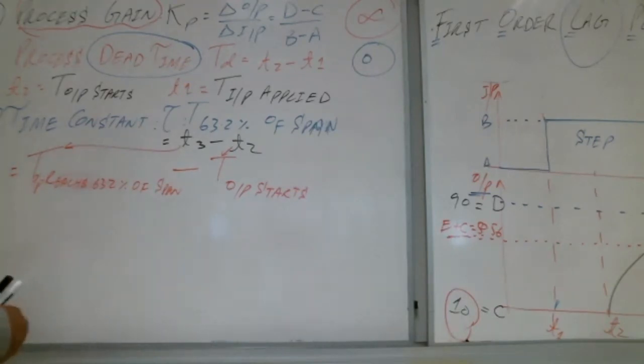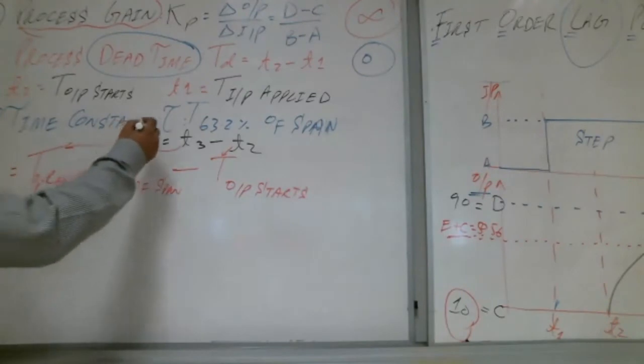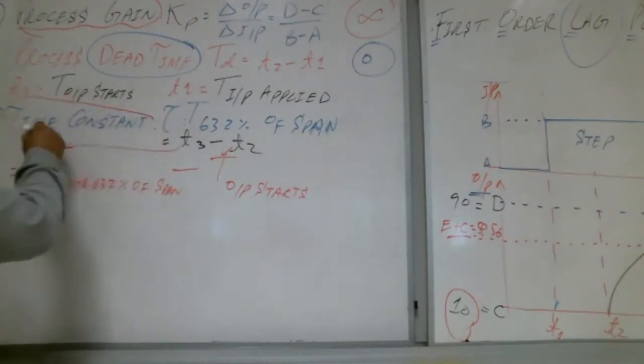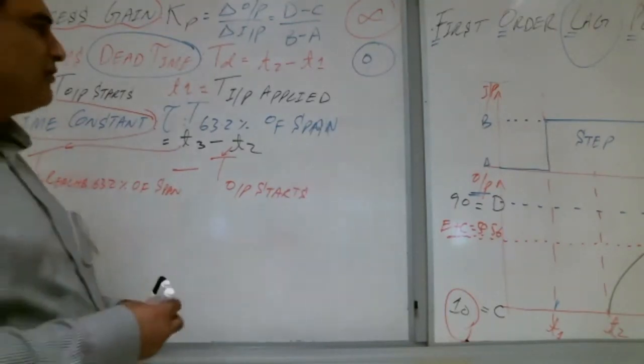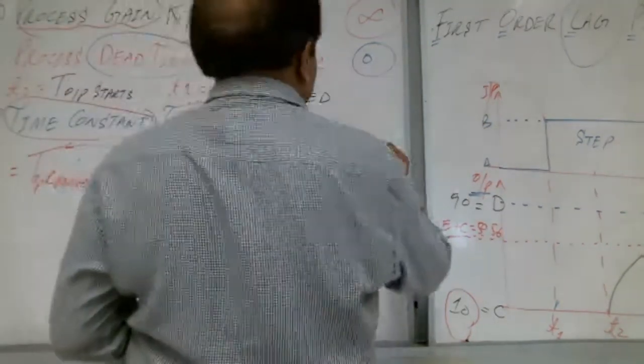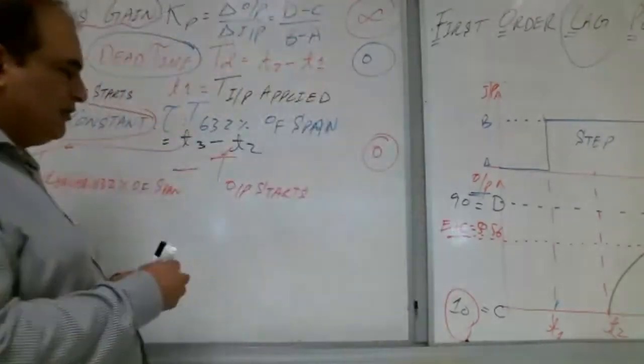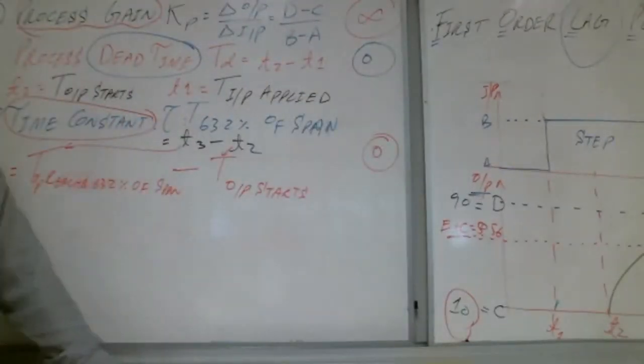Okay, Shabab. What is our ideal time constant? Zero. Very good. So what do we want? We want, as soon as we push the accelerator, our car to reach 350 km/h, the maximum speed we want to attain.